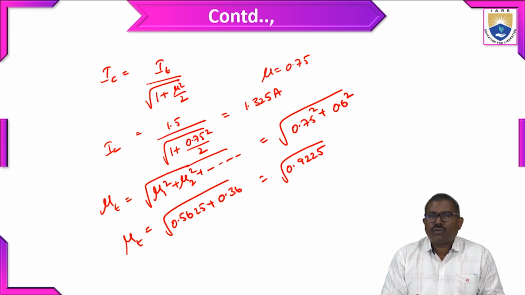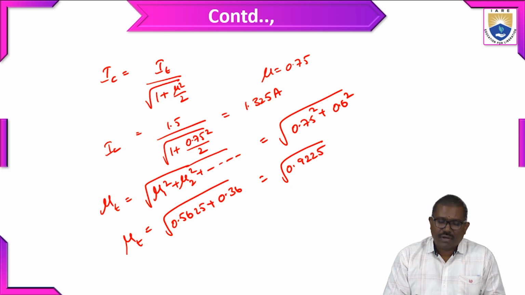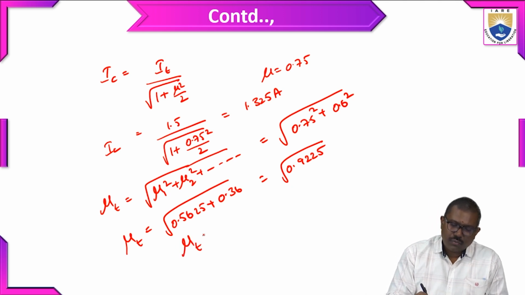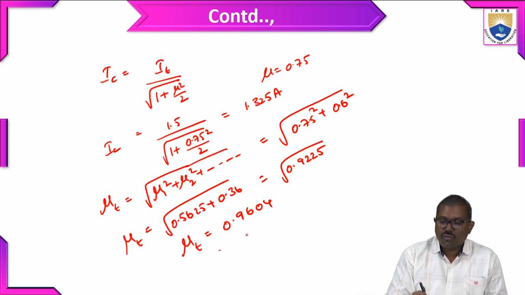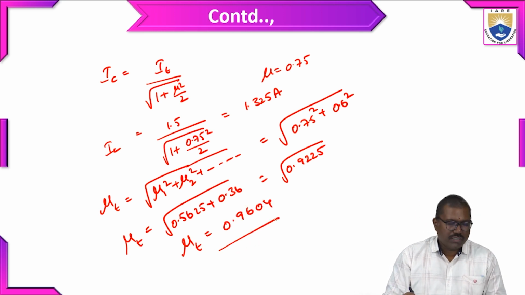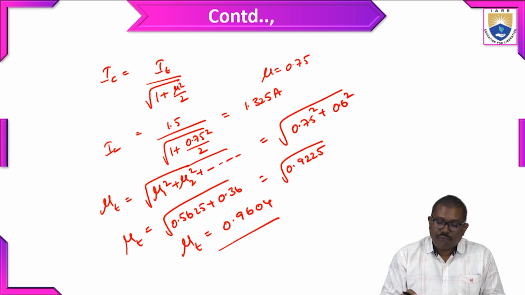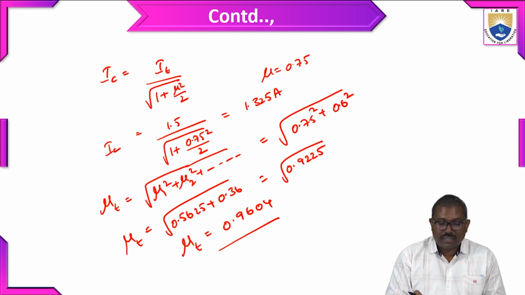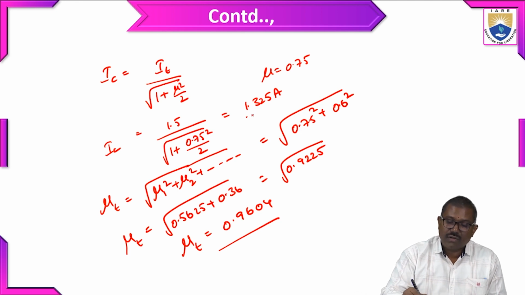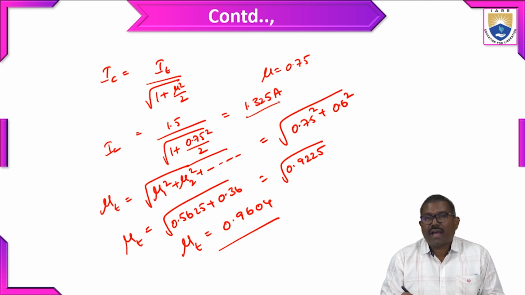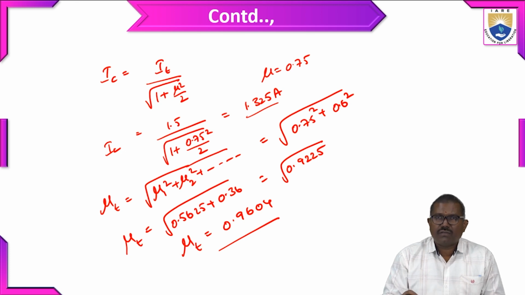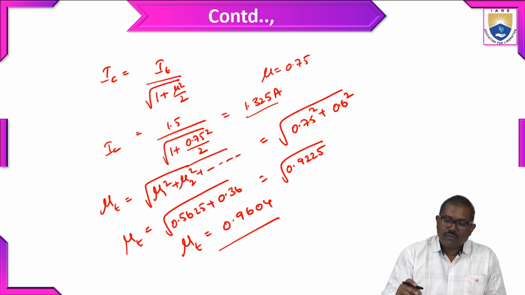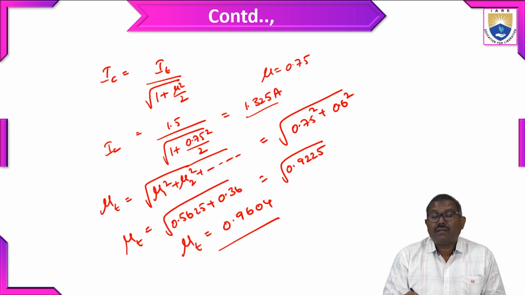When applying the square root for this 0.9225, you get the mu of t value as 0.9604. So this is the modulation index. So for this modulation index, you are going to find the total current. Why? Here I get the IC value as 1.325 amps. By using this IC value, I am going to find my total current after adding the two modulation indexes.